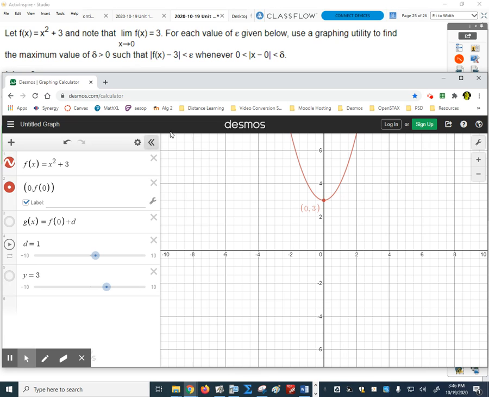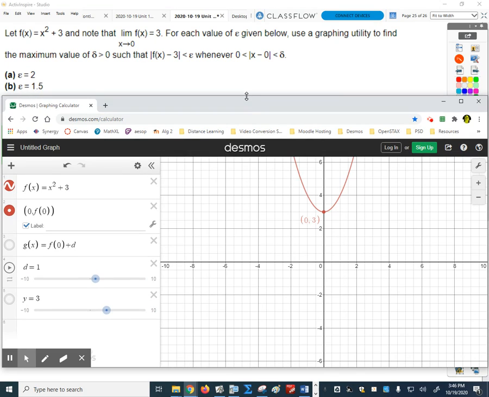Okay, the question is, find the maximum value of delta such that epsilon is 2, right? The distance between f of x and the target of 3 is 2. Okay, we can do this graphically.